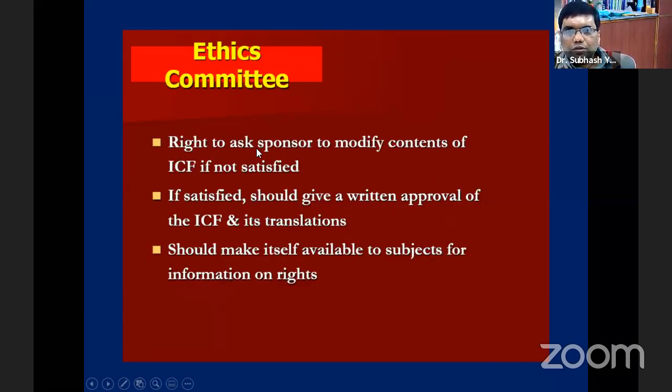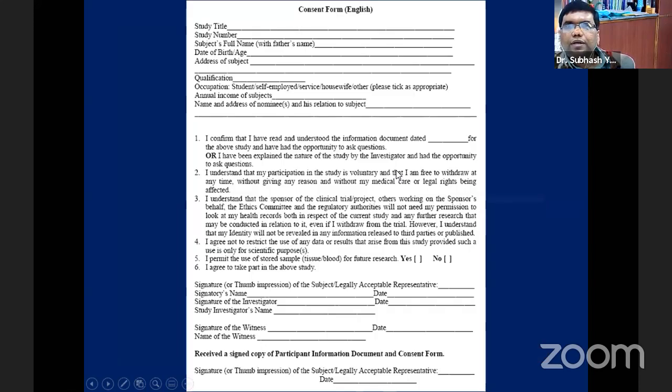So as I told you, the role of the ethics committee is to modify the consent form if it is not satisfactory, and the investigator is always advised to administer the consent form which was approved by the institutional ethics committee.